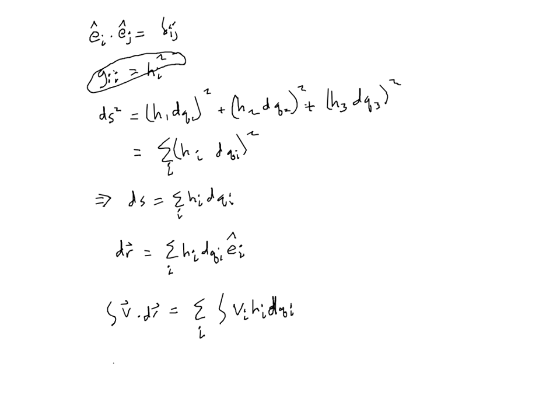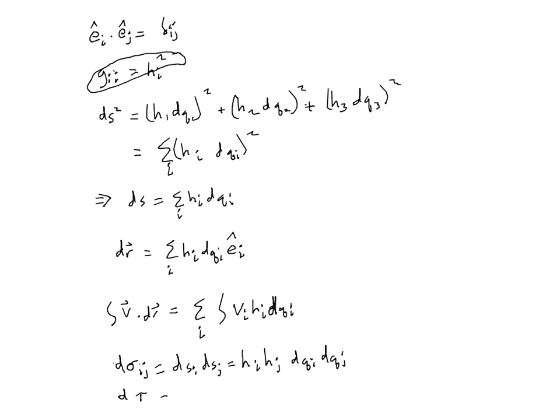Got a little sloppy. But we also have the area element, where if you want to integrate area, you could define that using h. It's basically just ds_i ds_j, which is equal to h_i h_j dq_i dq_j.